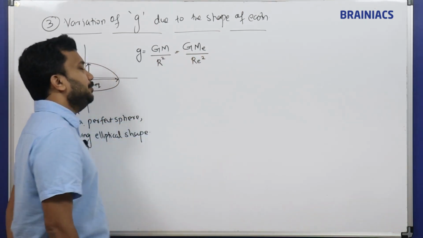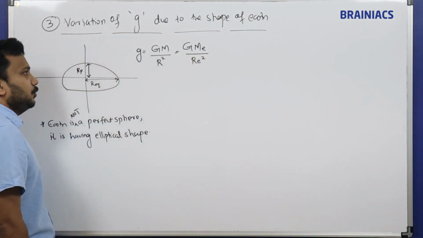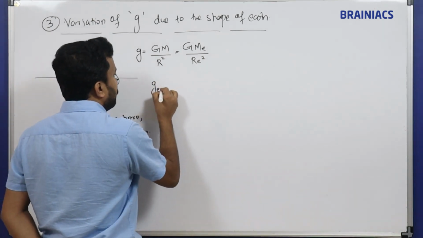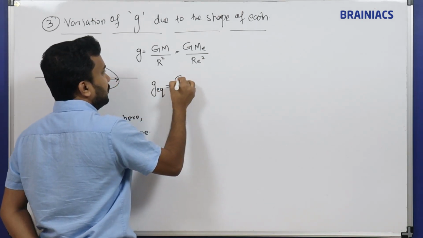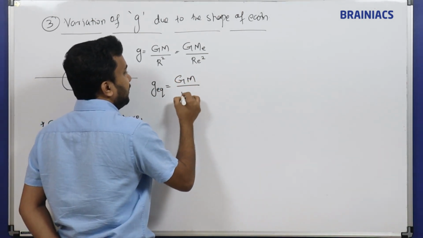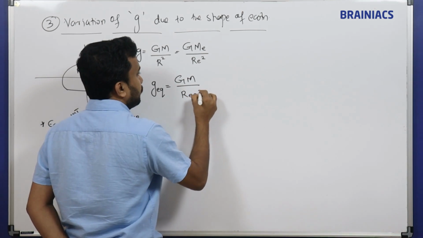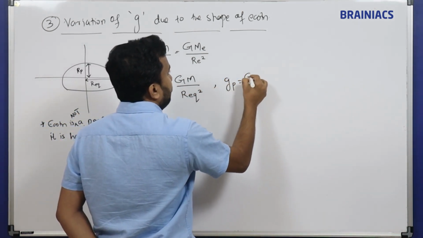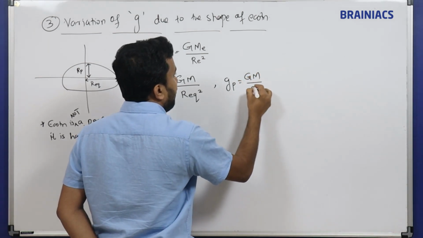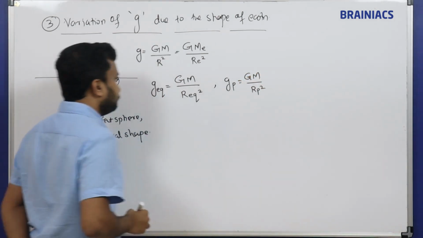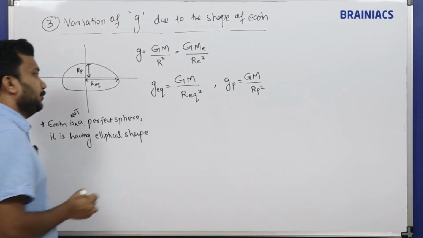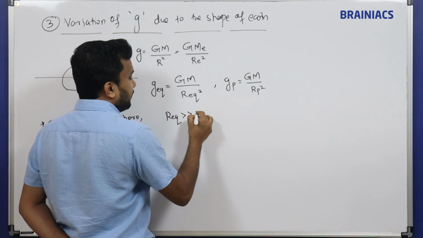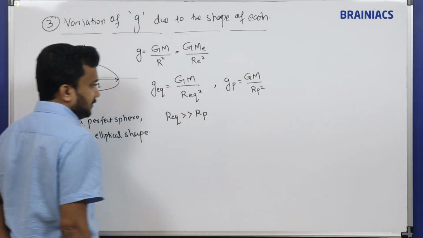Both are same, here Me equals M and Re equals R. But in this case, the acceleration due to gravity at the equator is GM divided by R equator squared. And the acceleration due to gravity at the pole is GM divided by R pole squared. Two equations.